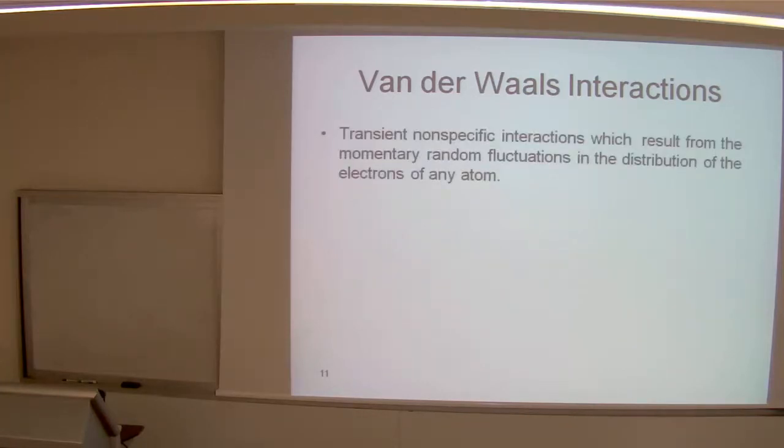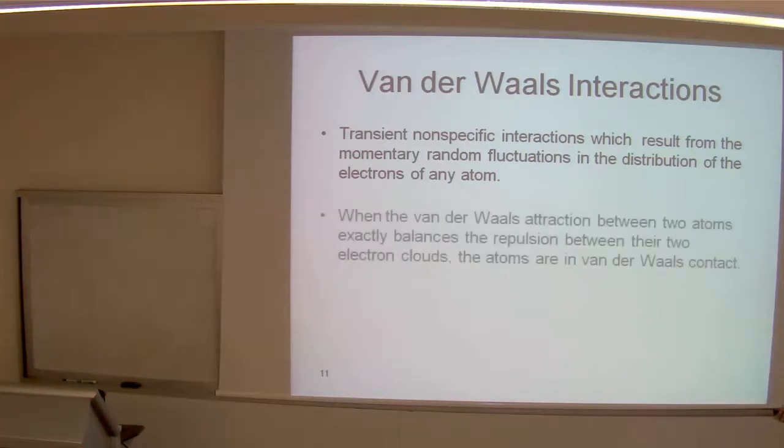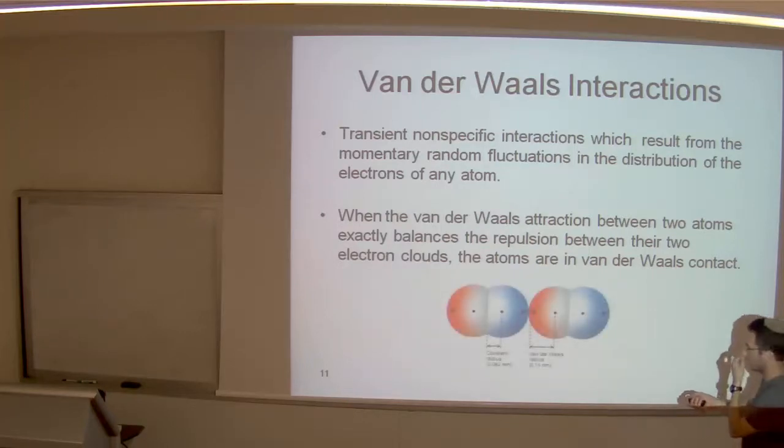Another kind of weak interaction is van der Waals interaction, which is caused by the transient fluctuations of the electron clouds around an atom's nucleus. So the electron cloud is constantly fluctuating, and sometimes one cloud becomes a bit polar transiently, and it will stick to another cloud that becomes a bit polar, only with a reverse charge.